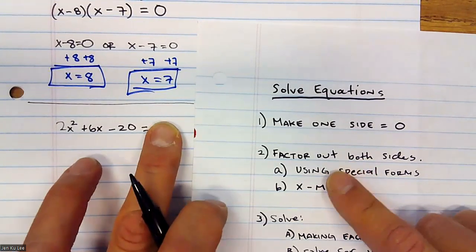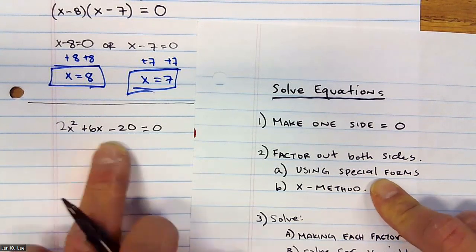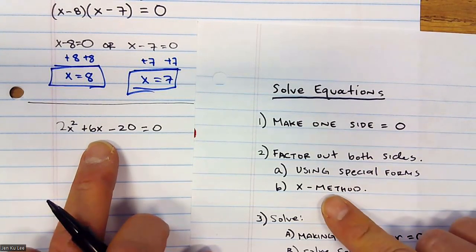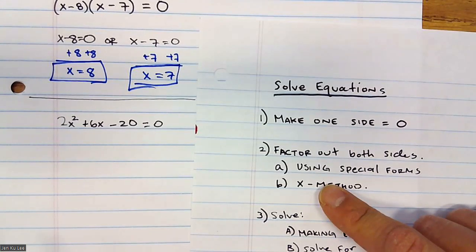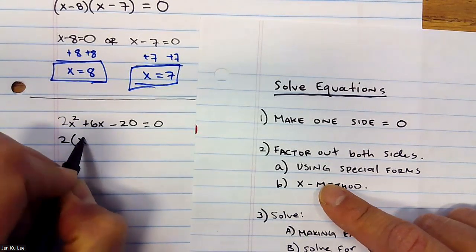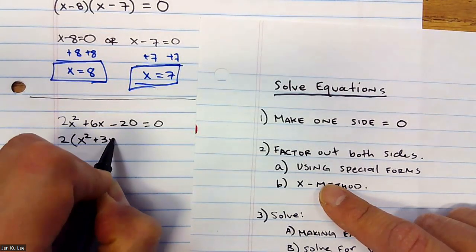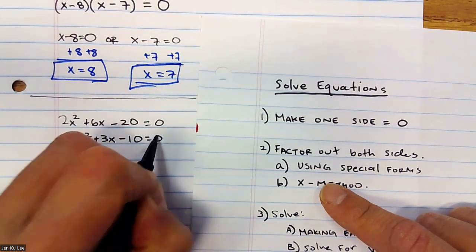This side is 0, so we're good. Using special forms. Is there any special form here? No? Using the x method. So can I pull something out first? What can I pull out? A 2. Thank you. So that's x squared plus 3x minus 10 equals 0.